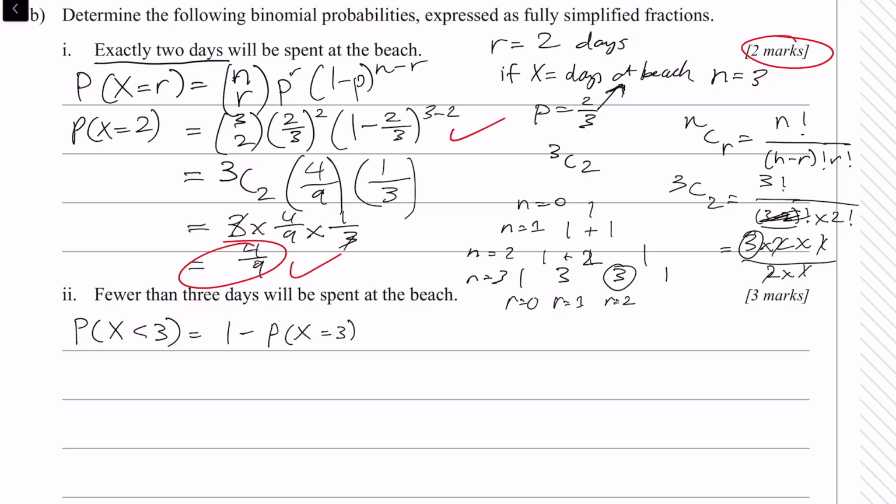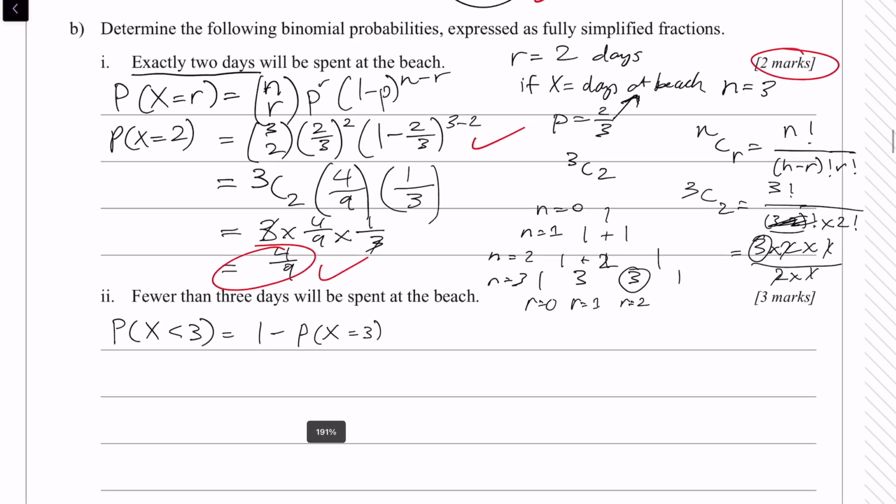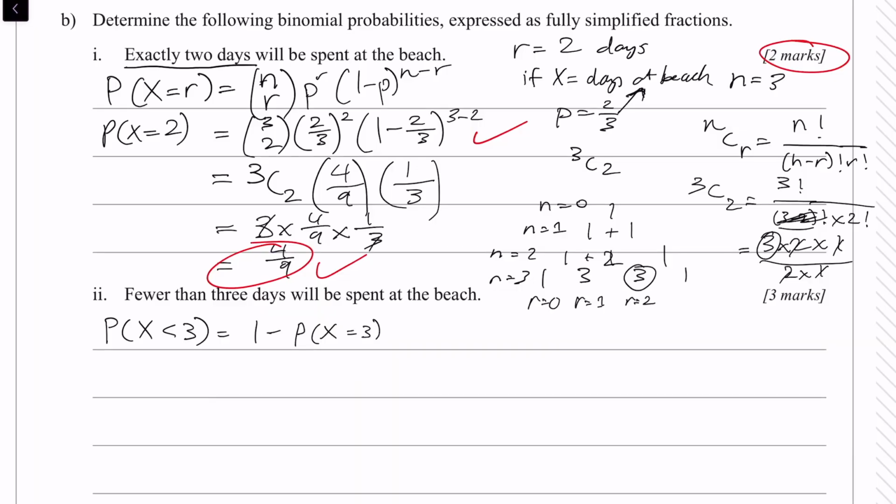And so if we know the probability that 3 days will be spent on the beach, then taking that away from 1 will give us the probability of fewer than 3 days, right?